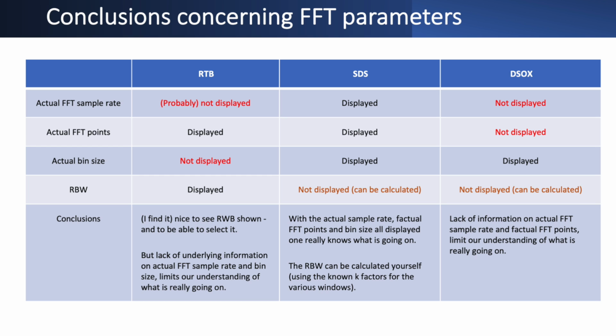Well, also here we miss a lot of essential information on the actual decimated sample rate, on the FFT points that are actually used in an analysis. We get the bin size, from there we can calculate the resolution bandwidth, but also here I'm critical and I don't really have the information to know what's going on inside the device. So in that sense, the Rohde Schwarz RTB and the Keysight DSOX get the same type of criticism from me here.